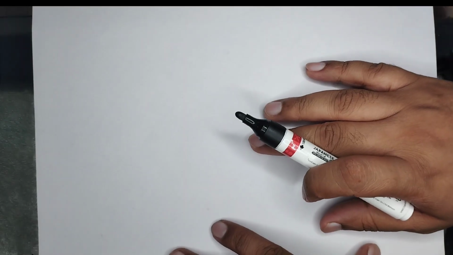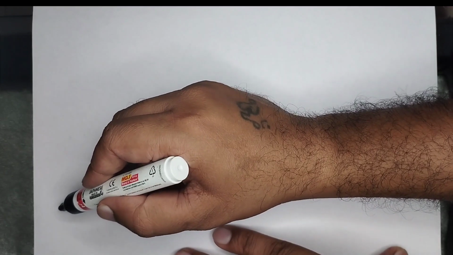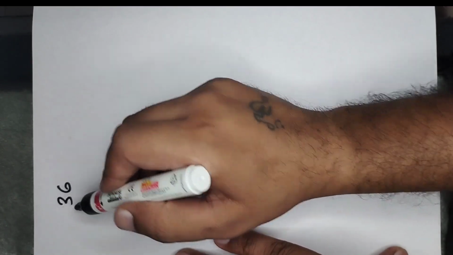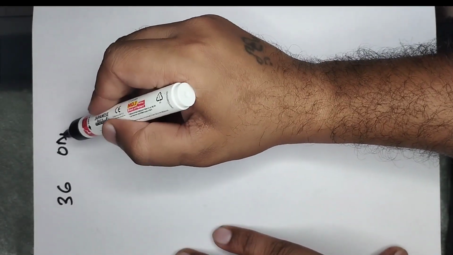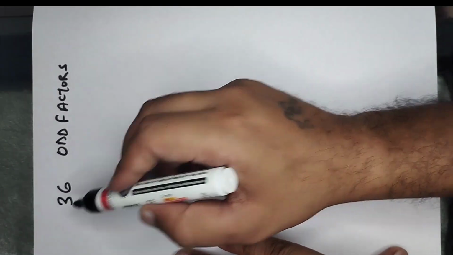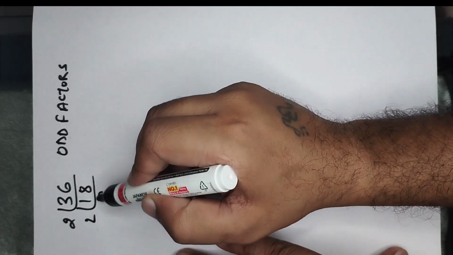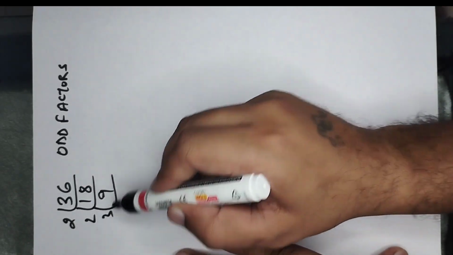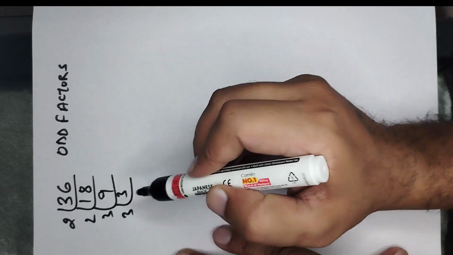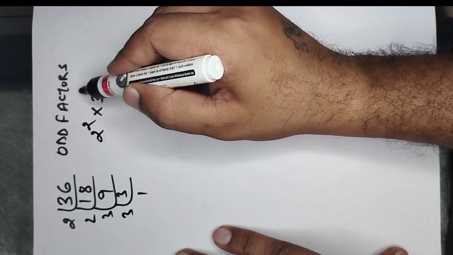Let us take another example in this. I am taking this example again, and let us find the number of odd factors in 36. How many odd factors are there in 36? Again I am factorizing this. I can write this one as 2 raised to the power 2 into 3 raised to the power 2.